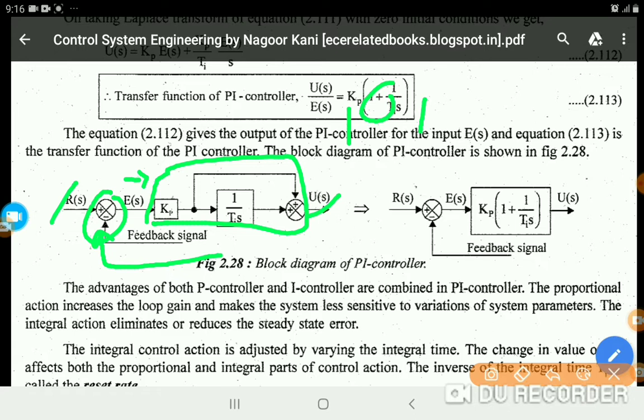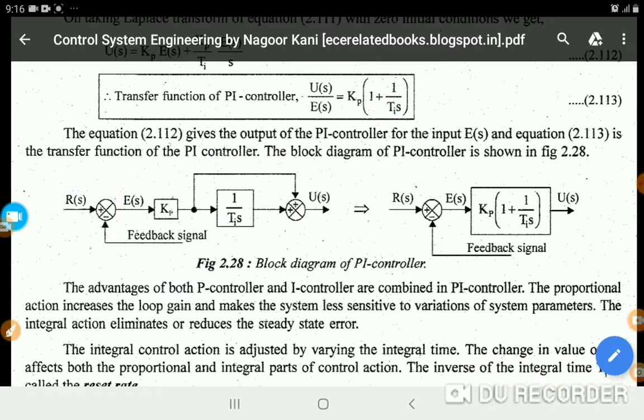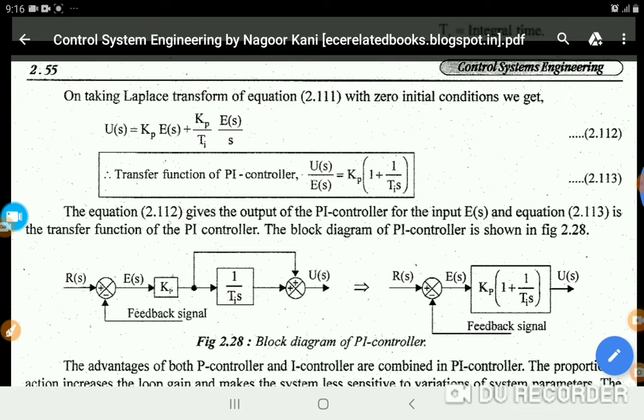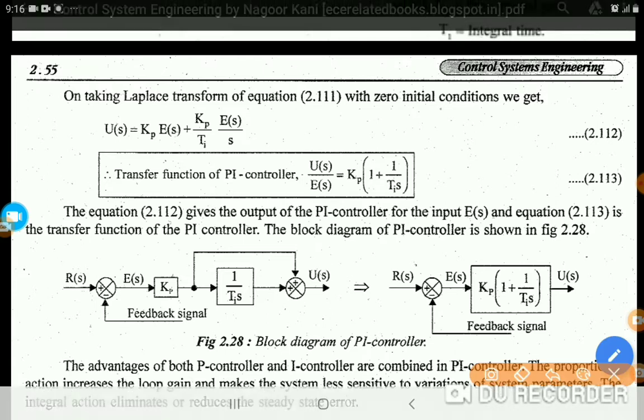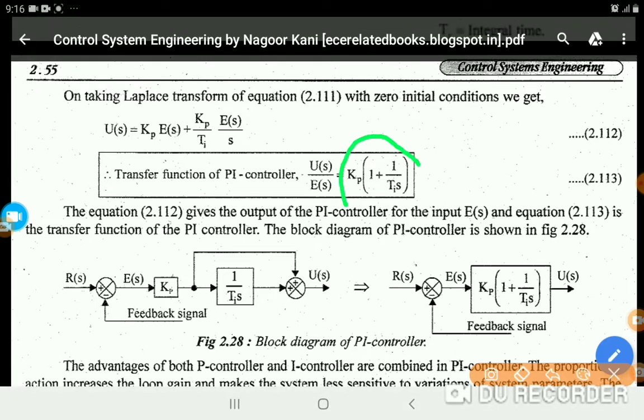So in the controller part, we have Kp plus Kp by Ti s. So 1 by Ti s here, and Kp here. So Kp and 1 by Ti s. How can we relate both with a plus? So a unity feed forward path.